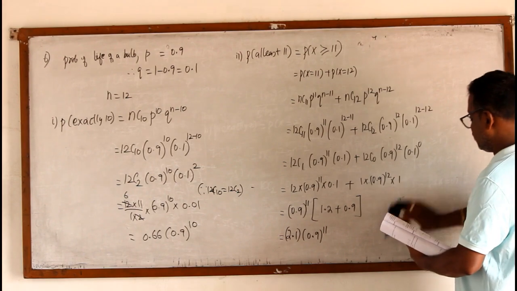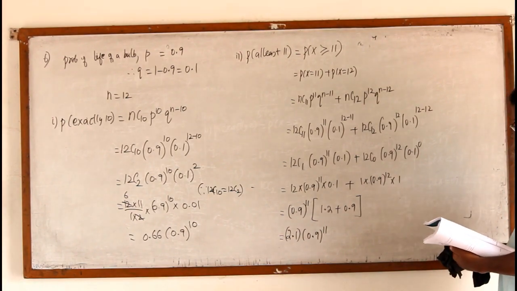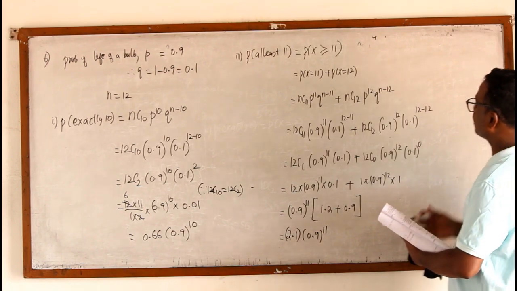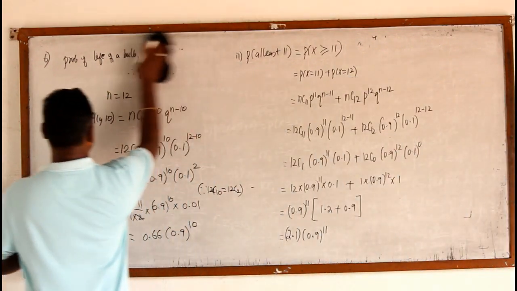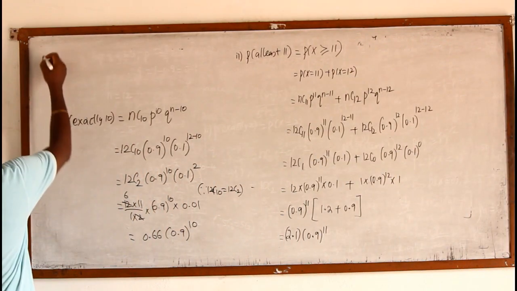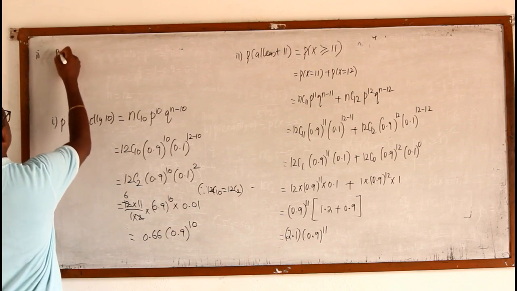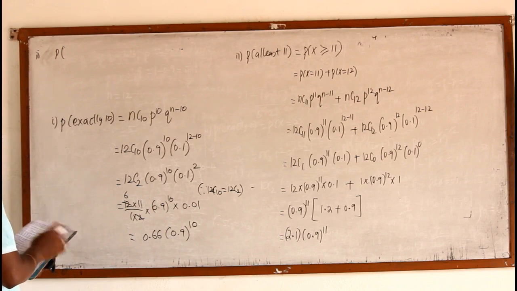Now they are asking one more question. Third question: probability of at least 2 will not have useful life. Listen, right here.